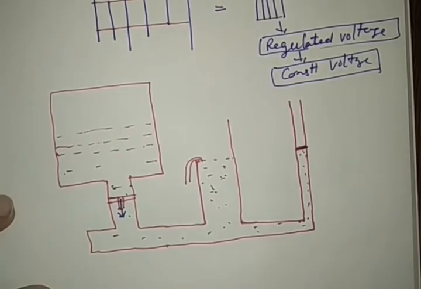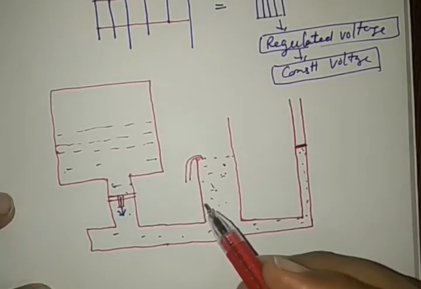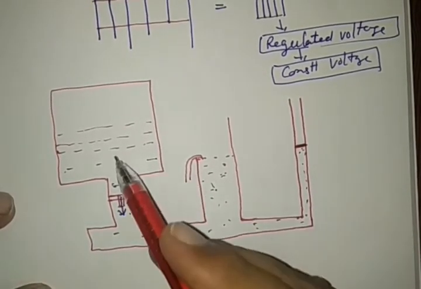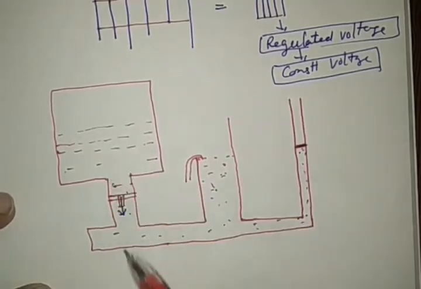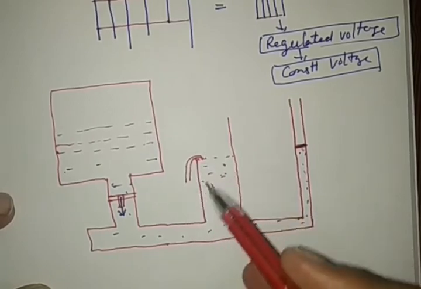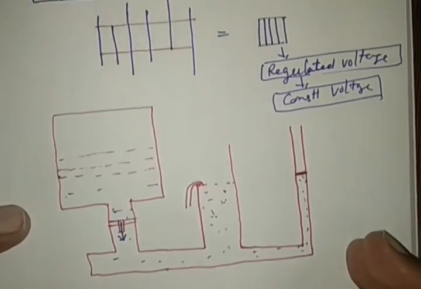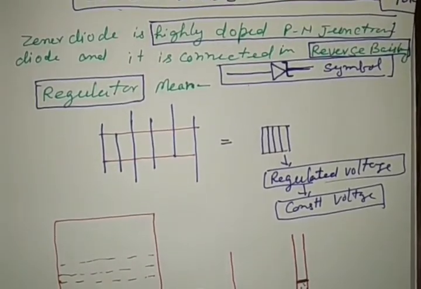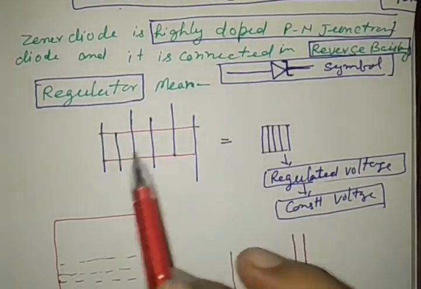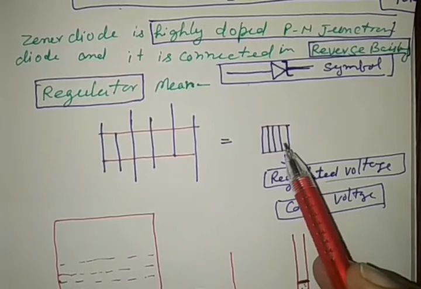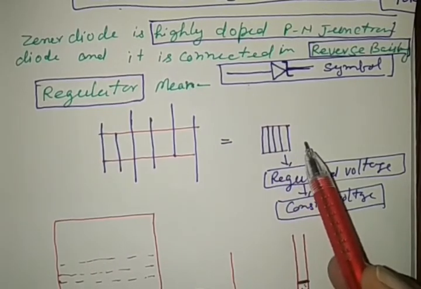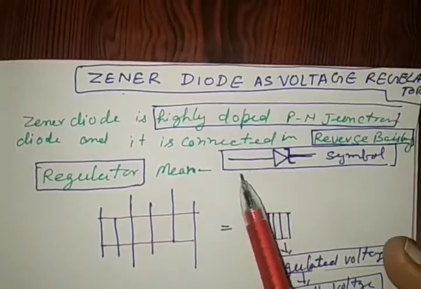So whatever extra fluid comes, if there is a continuous supply, the extra comes down and the level is maintained. It is the same in the case of Zener diode. Whatever extra is leaked makes a constant voltage. Zener diode is used for that.